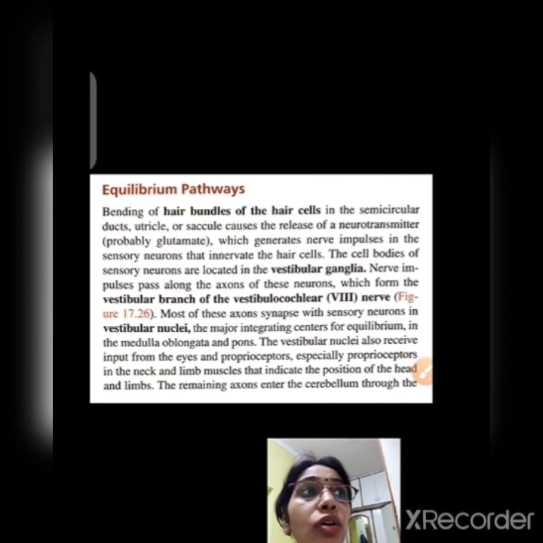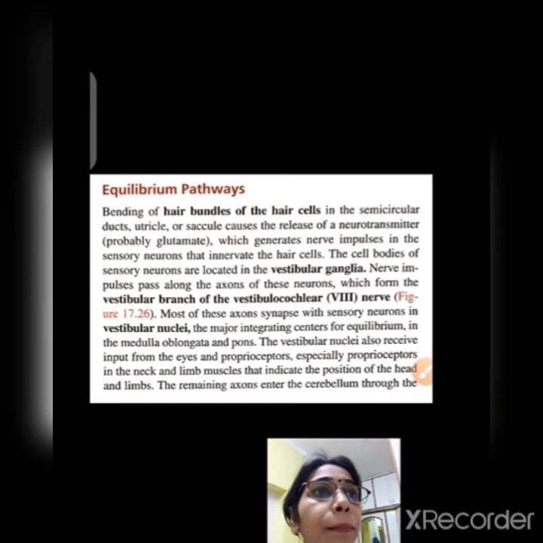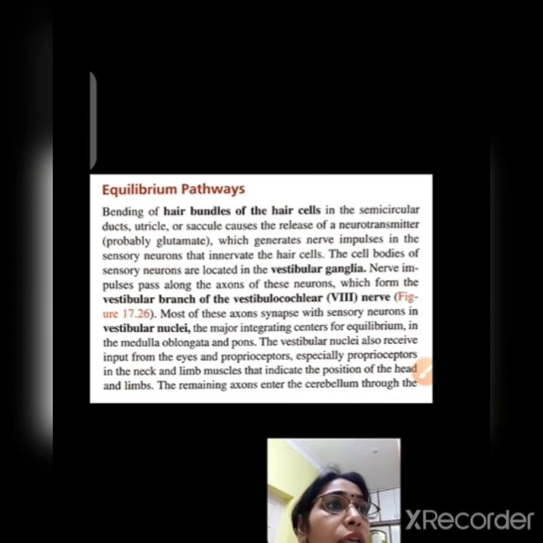The remaining axons enter the cerebellum through the cerebellar peduncles. This is all about the various pathways through which the axons are passing.